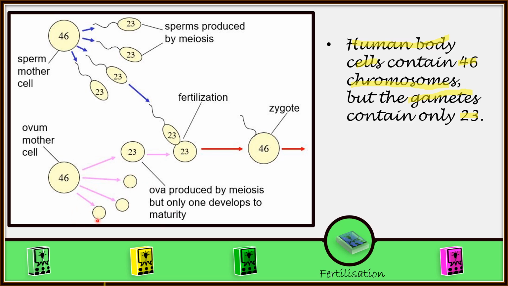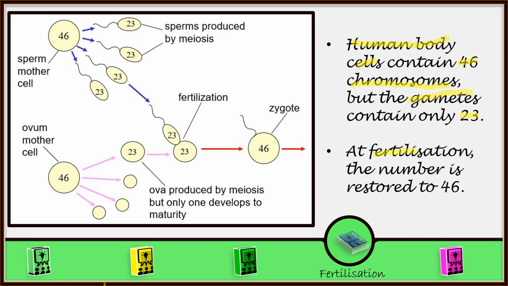The other ones will degenerate, and only one is going to develop, and it will be having 23 chromosomes. So it is this one with the 23 which will combine with this sperm, which also has 23, and after fertilization they are going to form a zygote which is going to have 46, like the original parent cell.